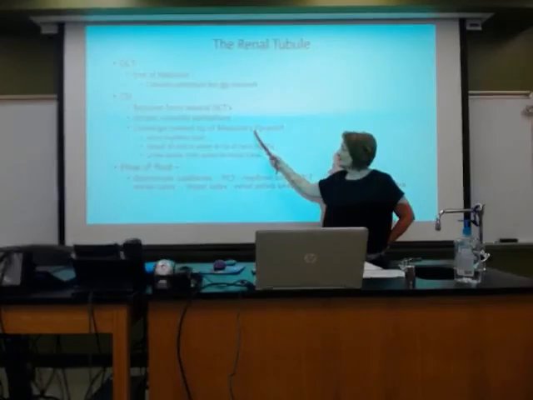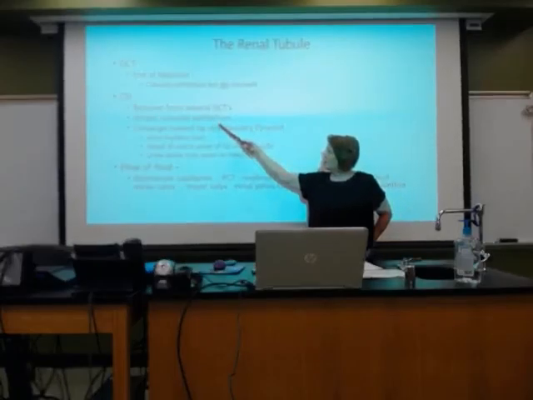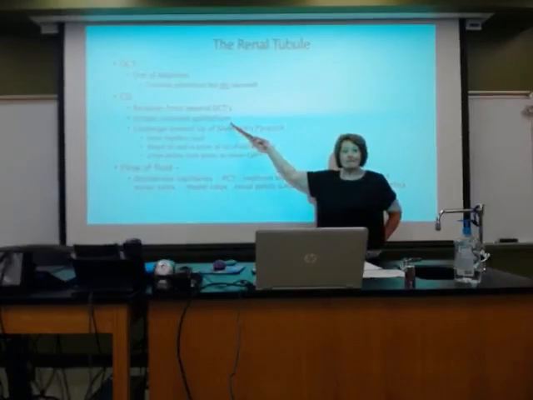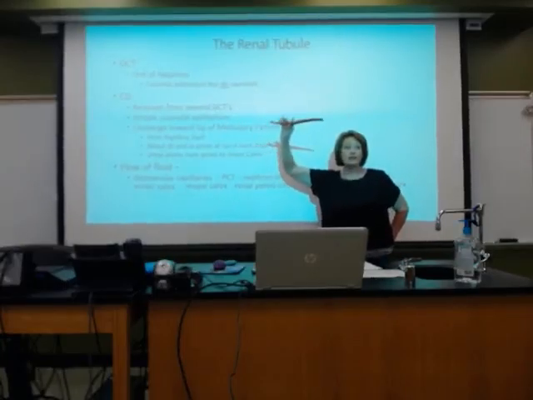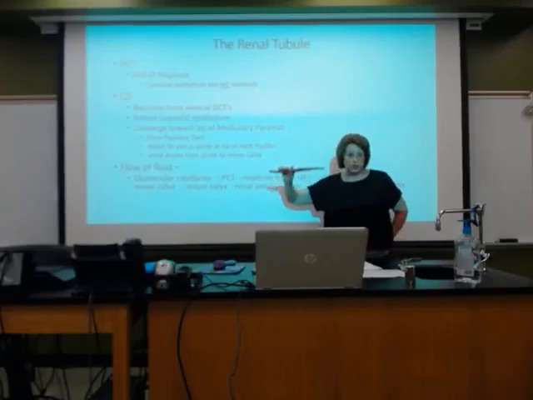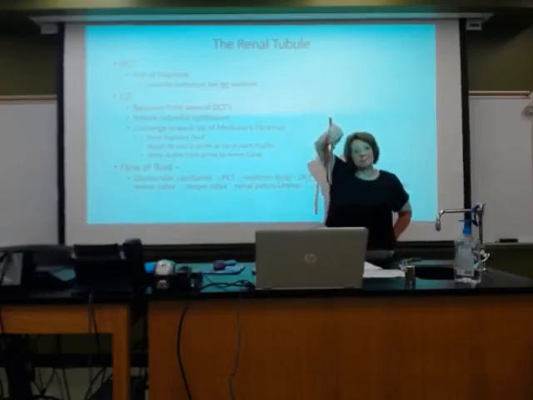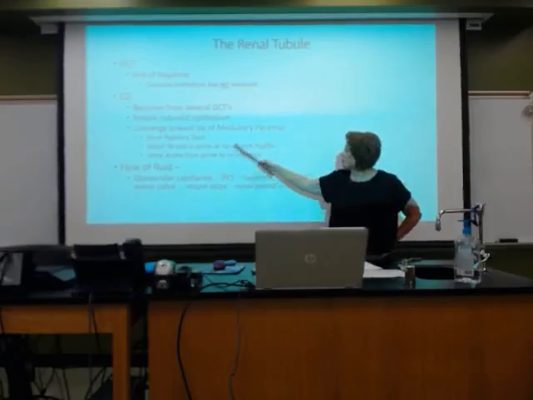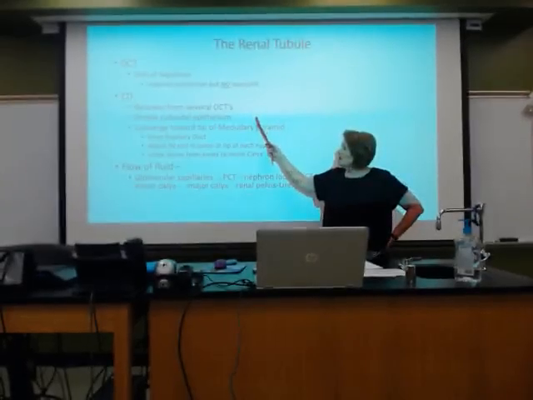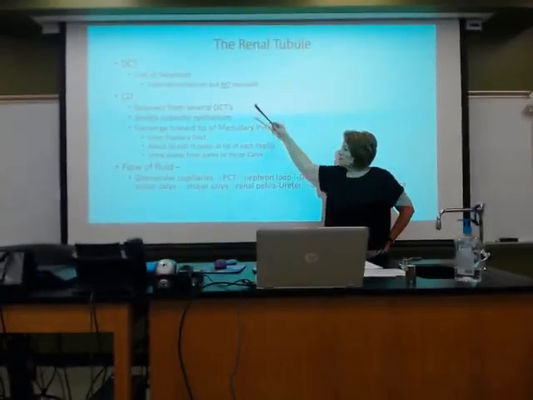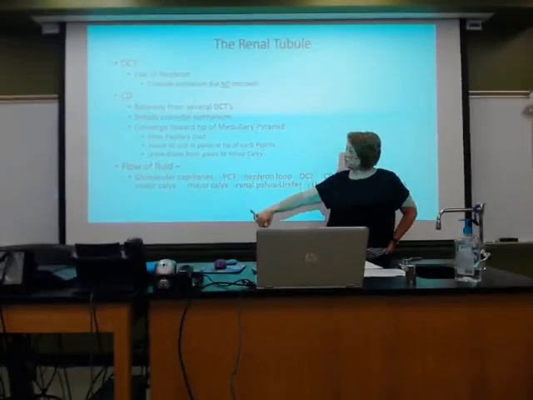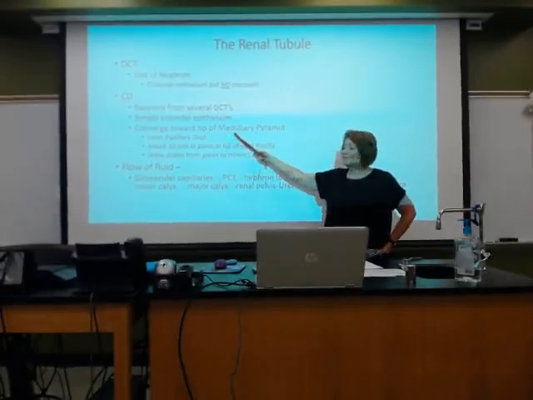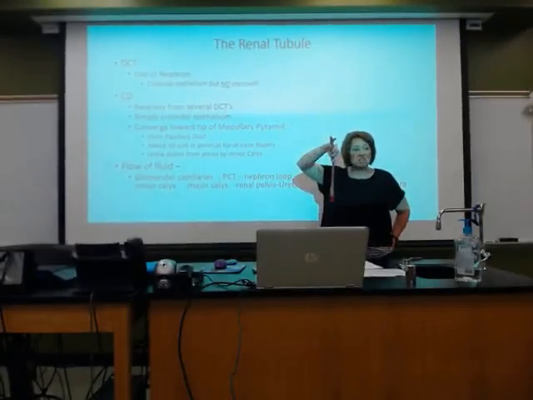The collecting duct has simple cuboidal epithelium. So that tells me some materials are going to get to move as fluid passes through or down that collecting duct. The collecting duct moves or converges towards the tip of that medullary pyramid.